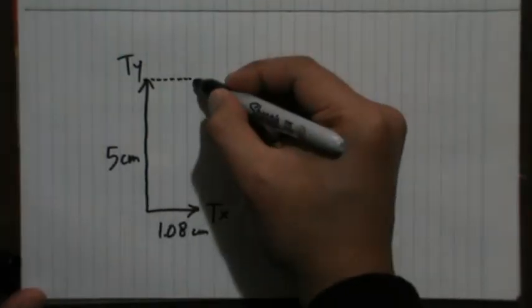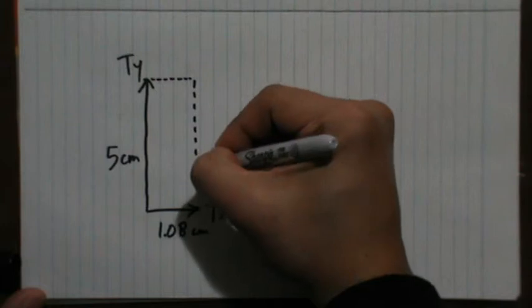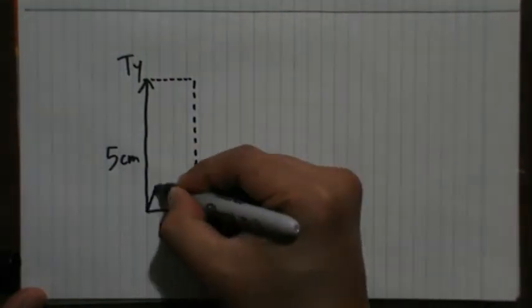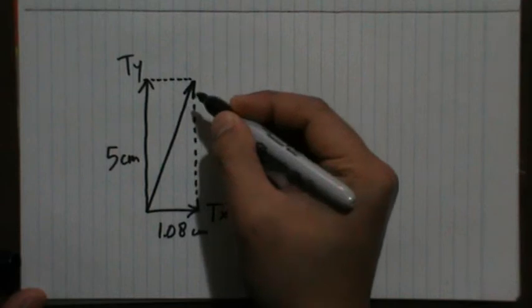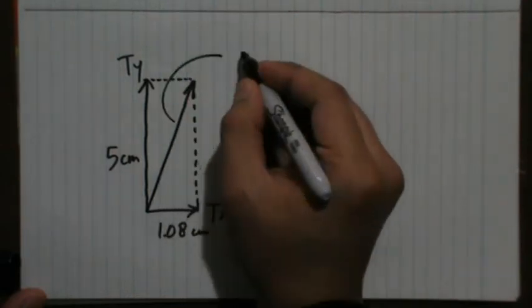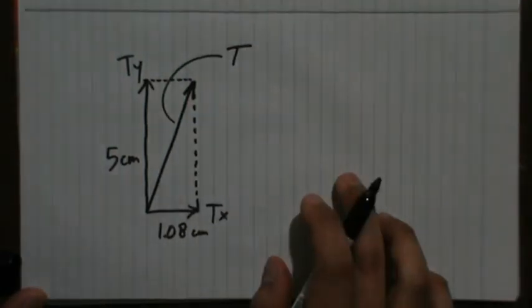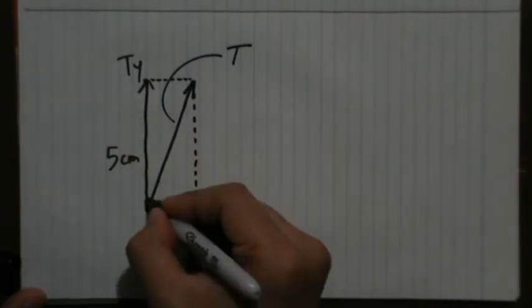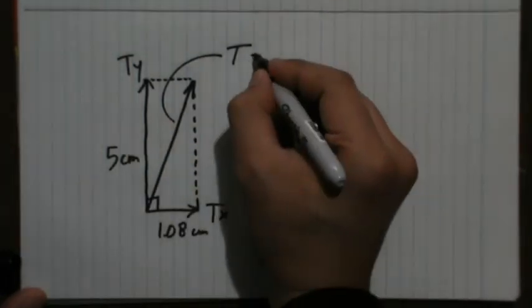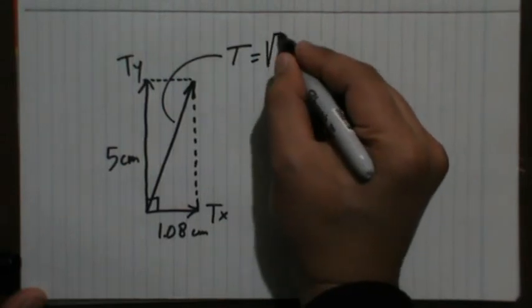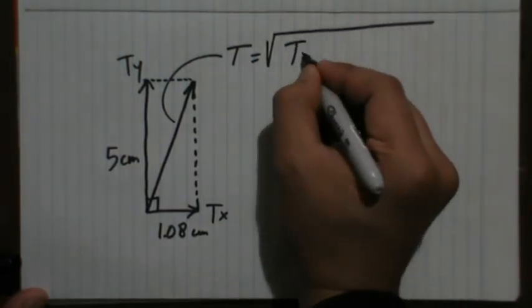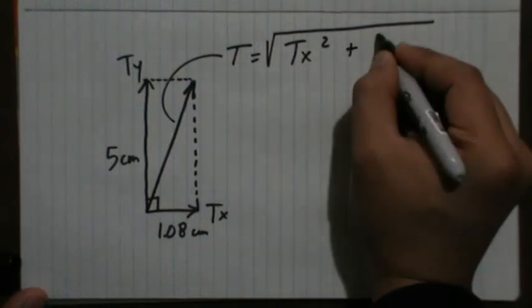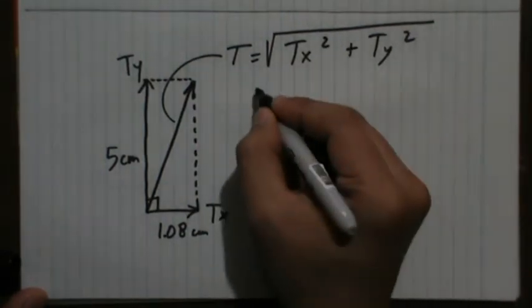And in order to calculate the total of these two vectors, we know that we should make a parallelogram, and the diagonal of this parallelogram is the total. Let's call that T. And since Tx and Ty are perpendicular to each other, the magnitude of T is square root of Tx square plus Ty square.